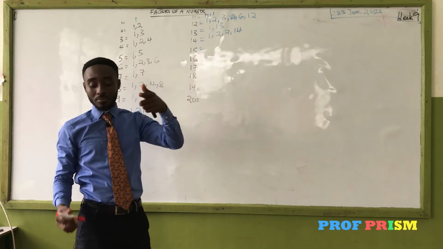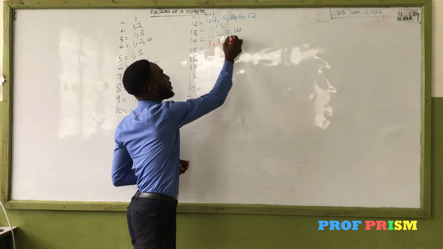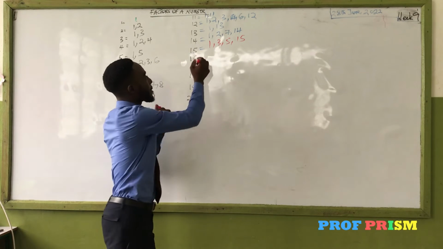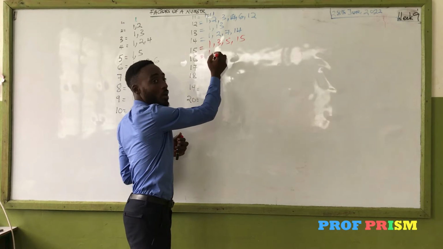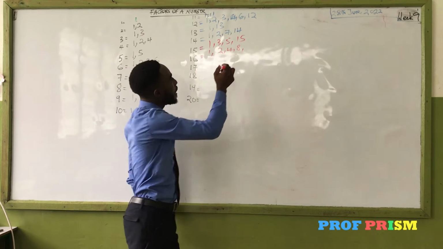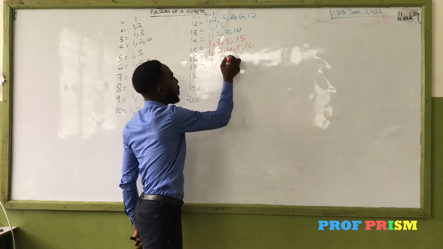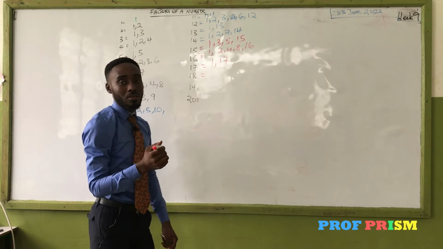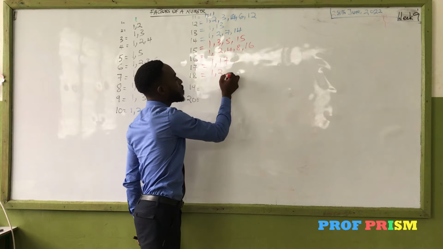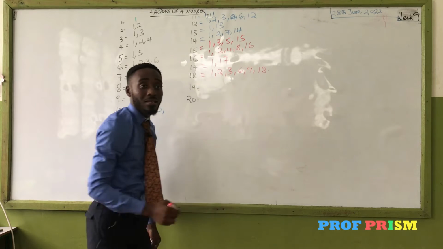Okay, 15. 1, 3, 5, and then 15 itself. Next one. 1, 2, 4, 8, and 16. 17. 1 and 17. 18. 1, 2, 3, 6, 9, and then 18.